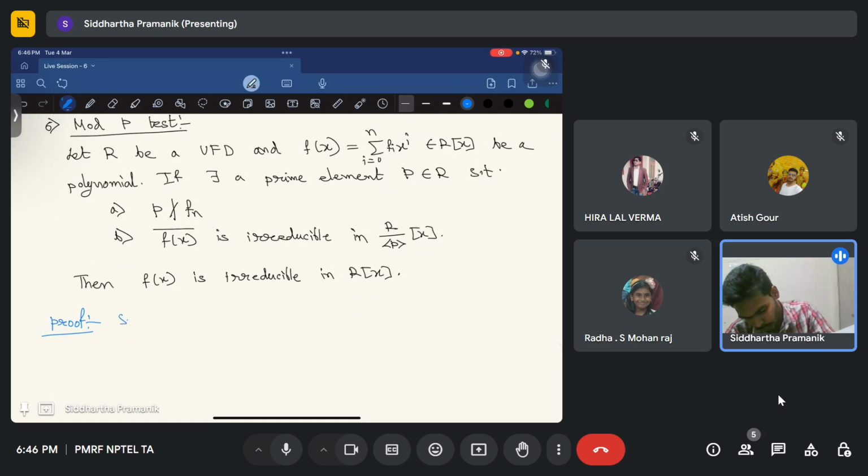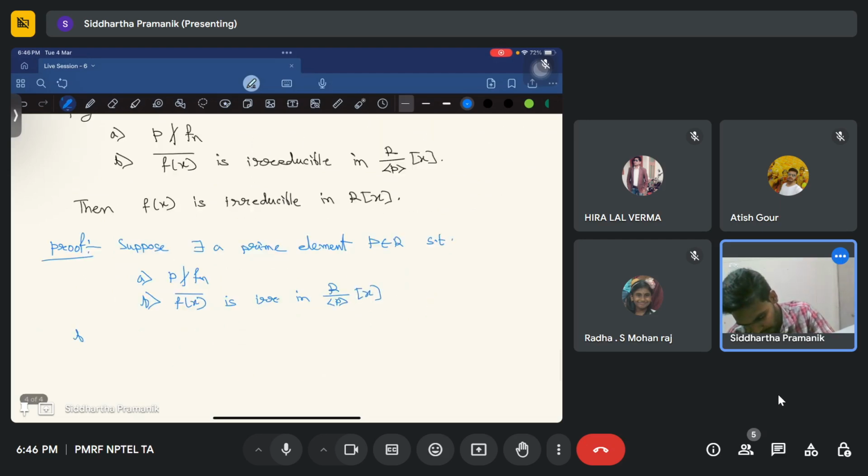So suppose there exists a prime element P belonging to R such that these two conditions hold, such that P does not divide f_n, and f(x) bar is irreducible in R mod P of x, but f(x) is not irreducible in R[x].